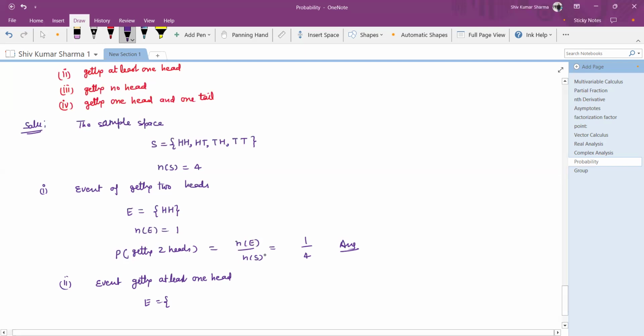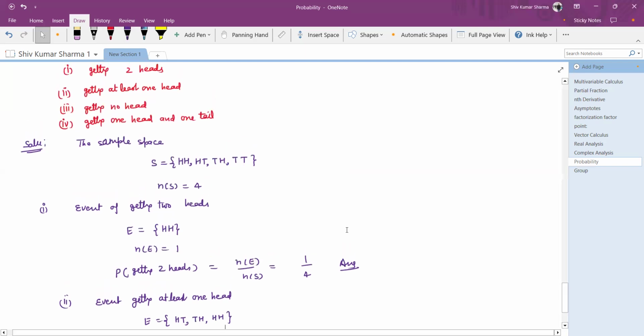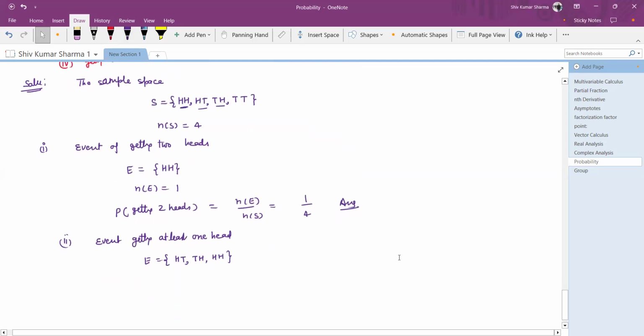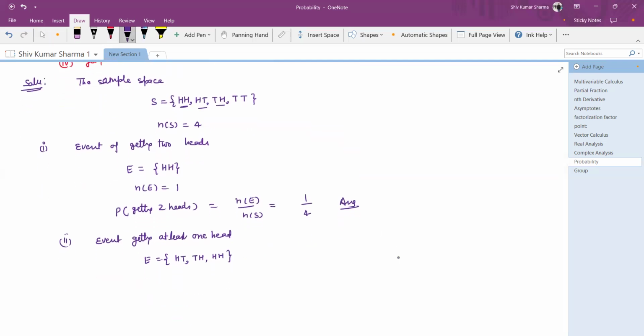So head tail, second is tail head, and then head head. So these are the possible events that may give at least one head. Here we see one head, and here two heads. So there are three elements in the event E. So number of elements in event E, getting at least one head, is 3.